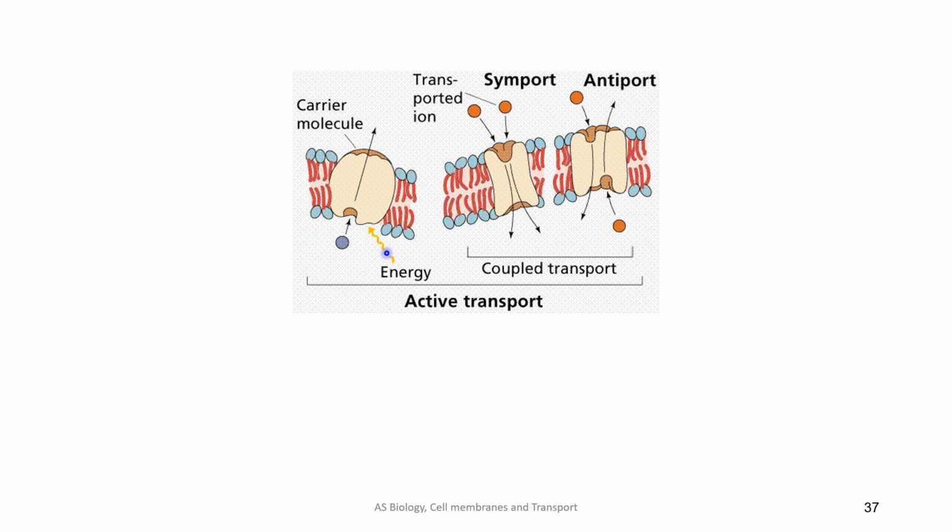And all of these use energy. They all use that ATP, that cellular energy. They break that ATP apart, release energy, and that is what allows these molecules to move from a low to a high concentration gradient into or out of the cell.